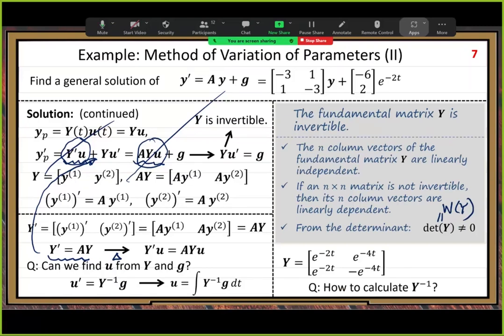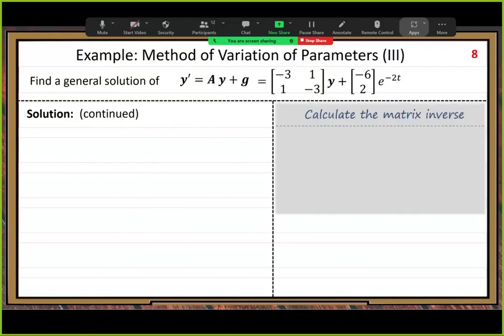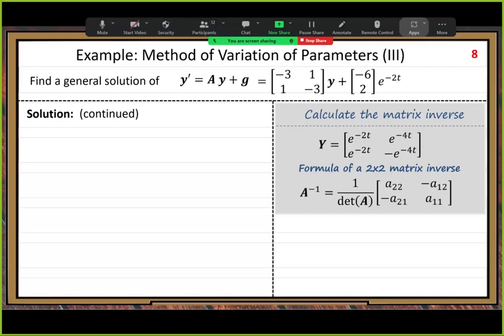Remember, I gave you the 2 by 2 matrix inverse formula last time: 1 over the determinant, then the matrix where you swap and negate. So I copy that formula again. Here Y is this matrix. The formula of the 2 by 2 matrix inverse: A inverse equals 1 over the determinant of A times a 2 by 2 matrix.